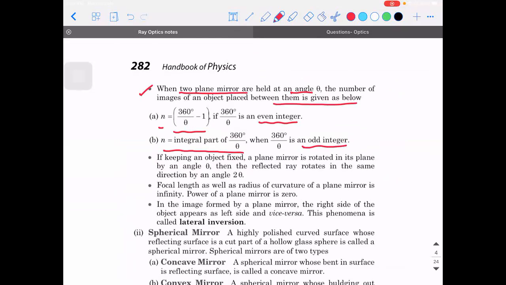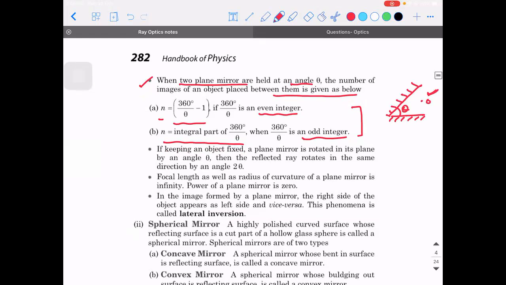These are the number of images formed when two plane mirrors are inclined at an angle theta with respect to each other. If you keep an object here, the number of images formed is 360 by theta minus 1 when 360 by theta is an even integer. It is only the integral part of 360 by theta when 360 by theta is an odd integer. Have this point in your mind.